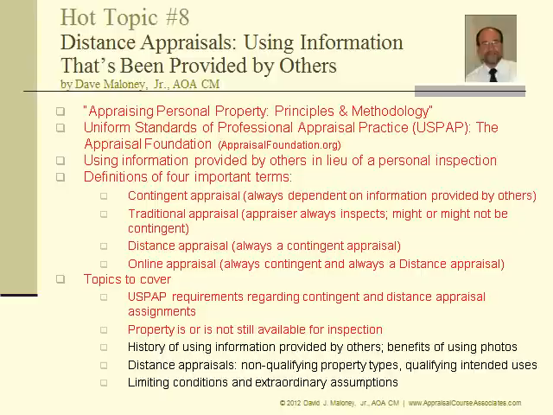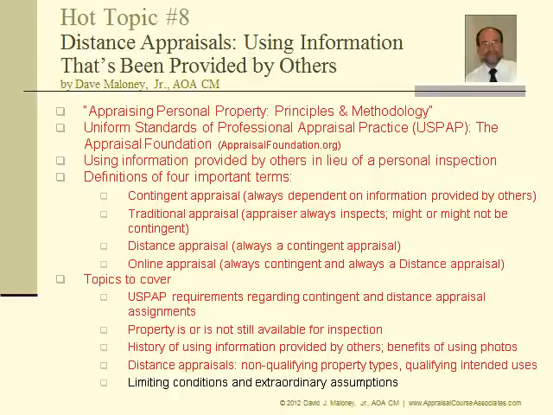We'll then review how appraisers have historically made use of photographs and other information provided by others, along with the benefits of doing so. Then we'll discuss the types of extant property which do not qualify for being appraised at distance without the benefit of a personal inspection by the appraiser.